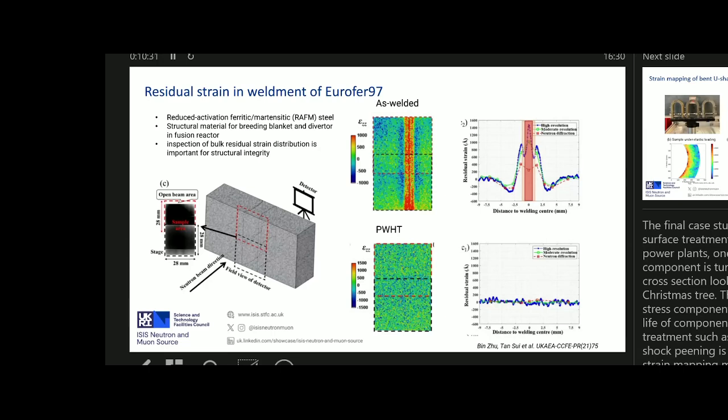And they also would like to see to what extent post-weld heat treatment can reduce the residual stress. So they use the Bragg edge imaging technique again, on two samples, one as-welded and the other post-weld heat treated, and they map and get this residual strain profile.